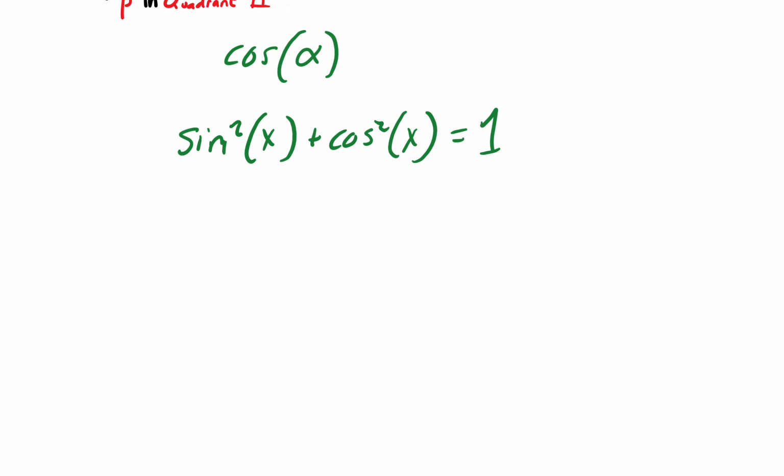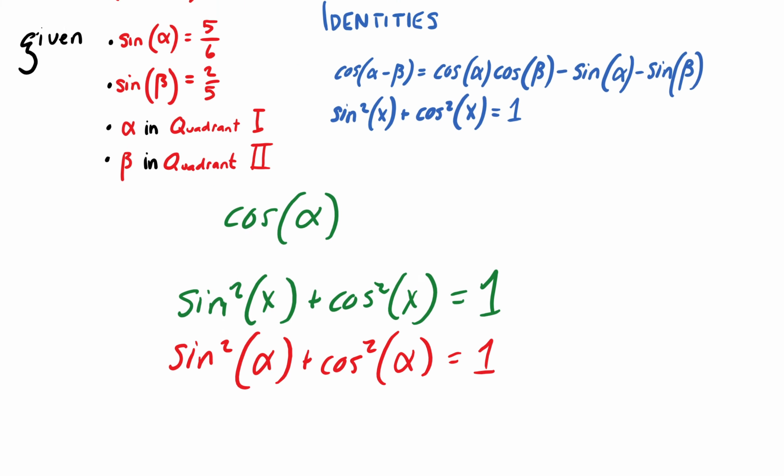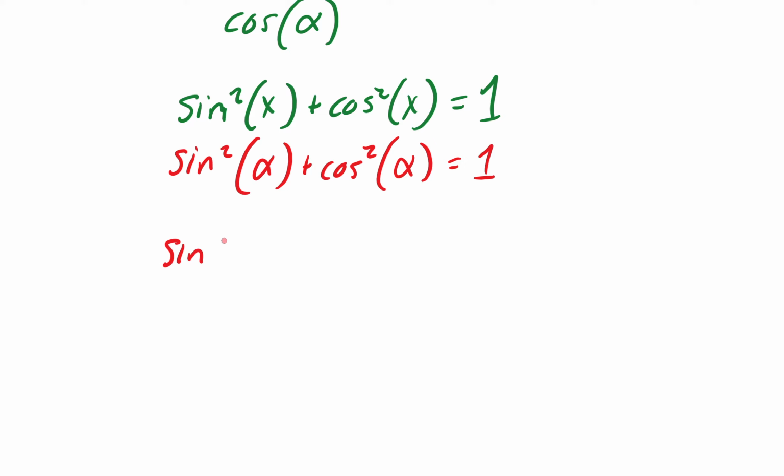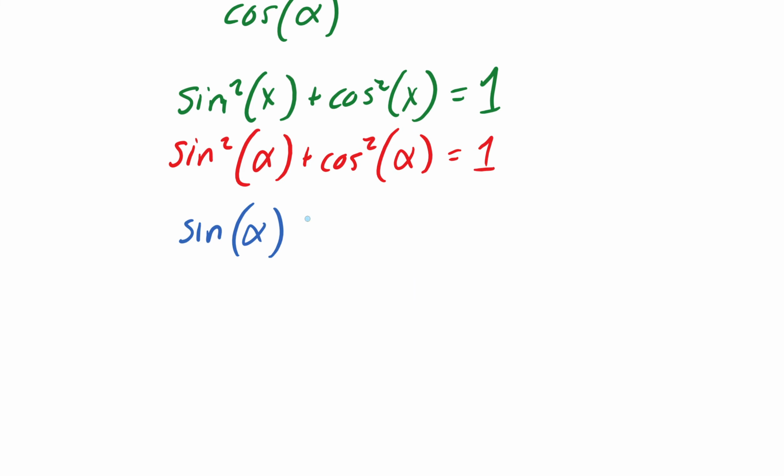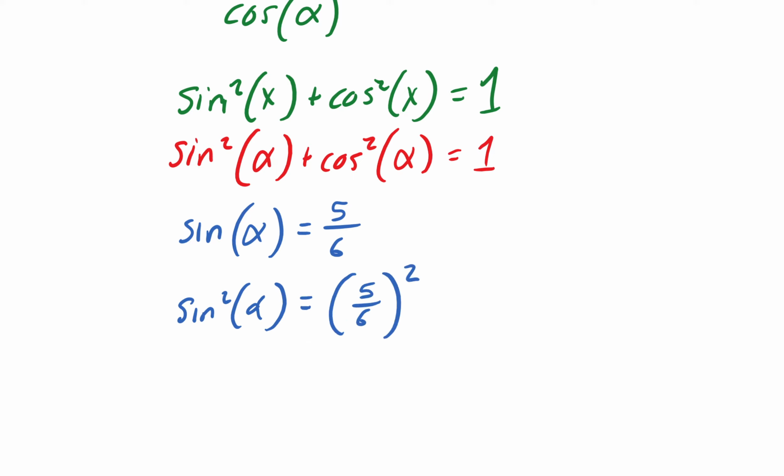Let me rewrite this because we're not finding x right now, we're finding alpha. Sine of alpha equals 5 over 6. So naturally, sine of alpha squared equals 5 over 6 squared.